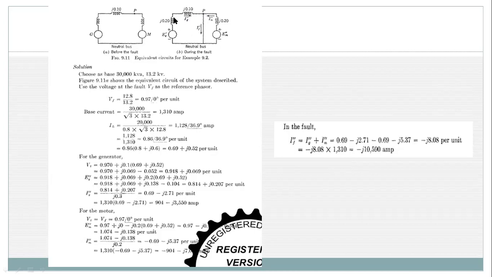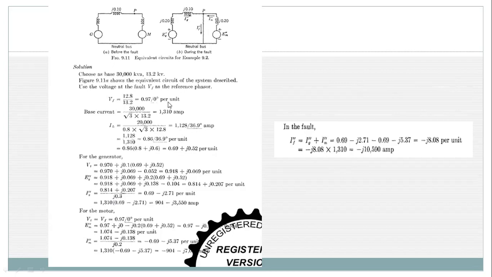So these two reactances are connected in series, so we can add these two reactances. So the total reactance should be j0.3. These reactances have to be considered whenever we want to calculate the short circuit current from the generator. So that's why the internal voltage of the generator divided by the reactance j0.3, and finally we find out the current flowing from the generator at short circuit period.